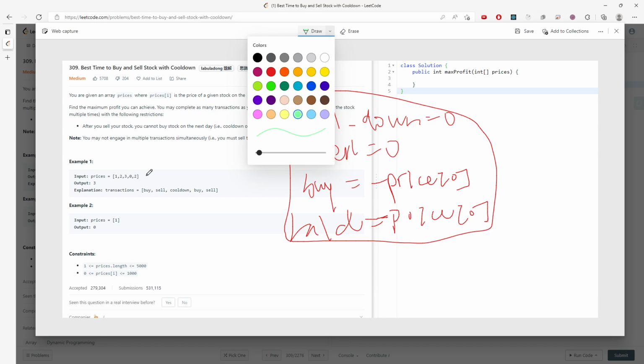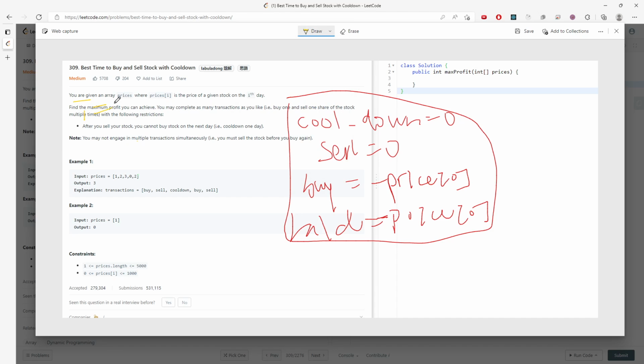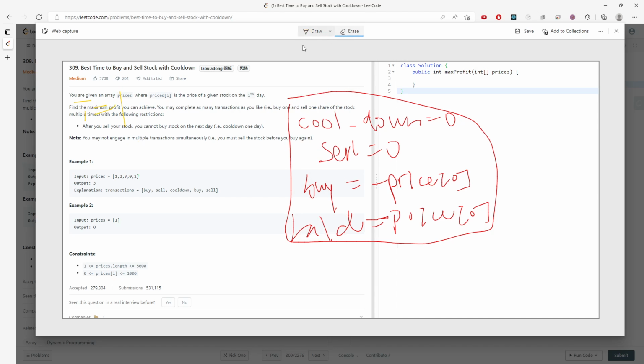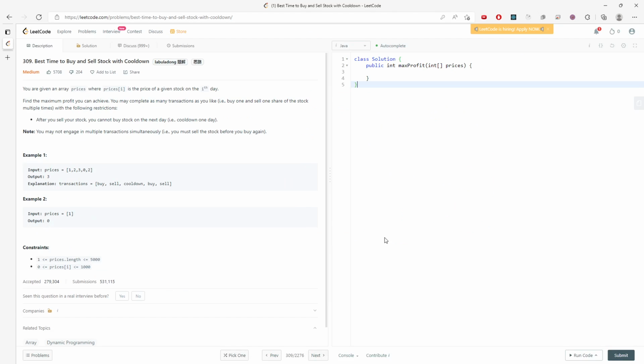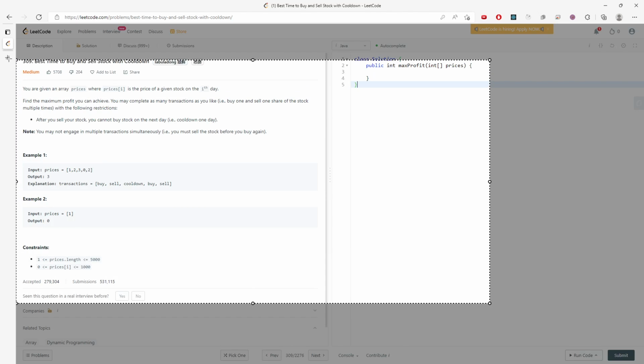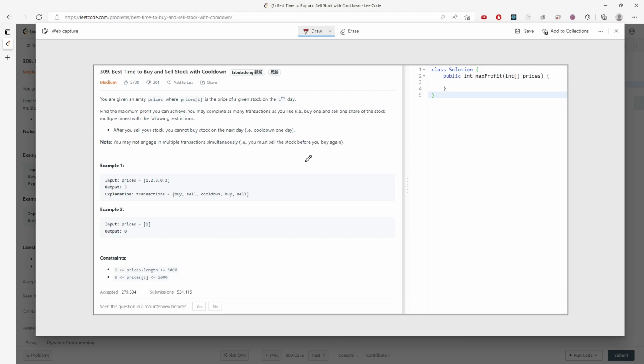Again, you will start the for loop. You have to start from i equal to 1, and then i less than the length of price.